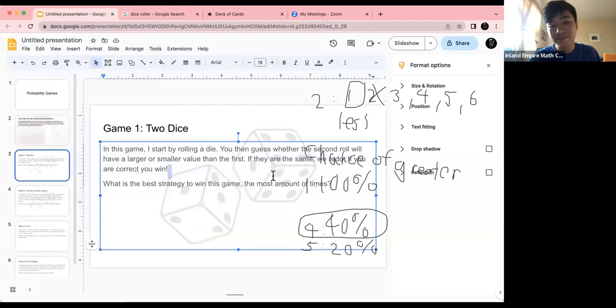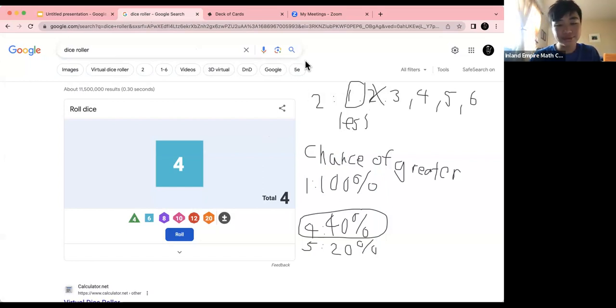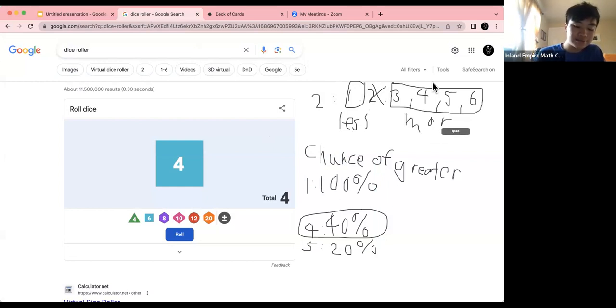That is kind of arbitrary, but it's to simplify the game, to make it more simple for people to play. But if it's 2, then we actually have 3, 4, 5, 6. So 4 out of these 5 possibilities it's going to be more, which means that there is an 80% chance that it is more. So for 2 it is 80%.